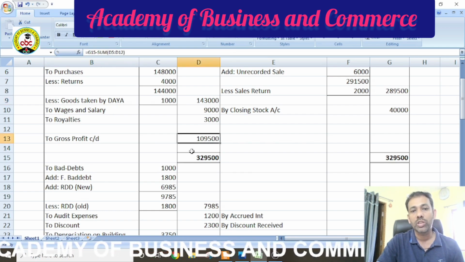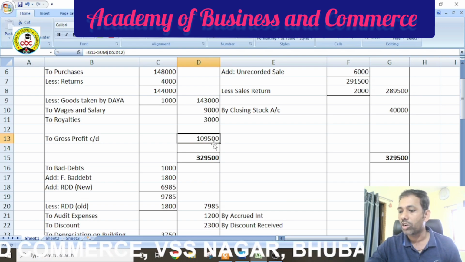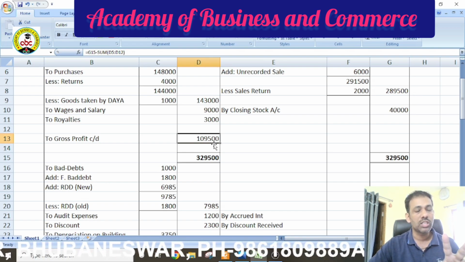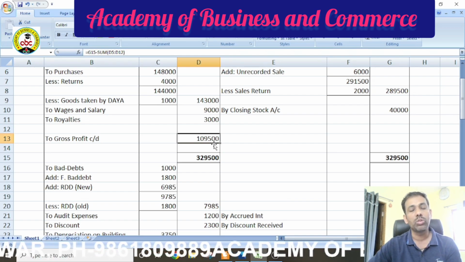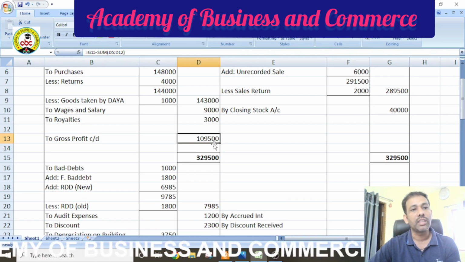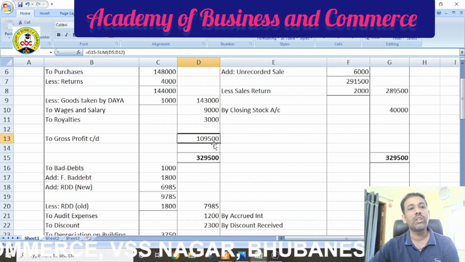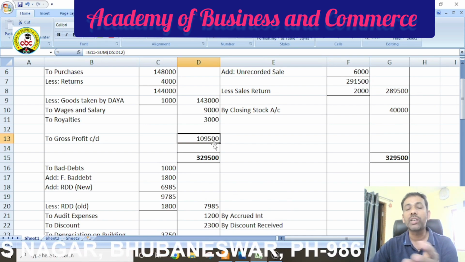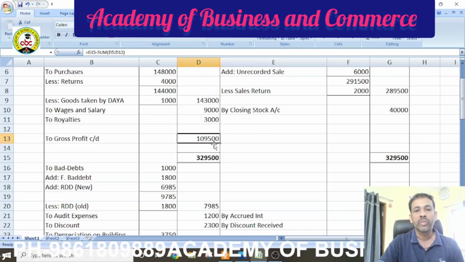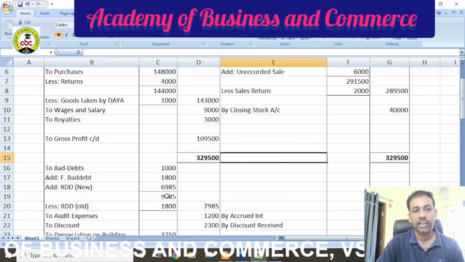Our gross profit amount is 1,09,500, and your book also shows gross profit of 1,09,500. So the answer is perfect. I have shown this so that you know that an item deducted on the debit side gives the same result as simply taking it on the credit side. The answer will be the same, and the treatment is also correct. That's why I have taken this treatment here for your better understanding.